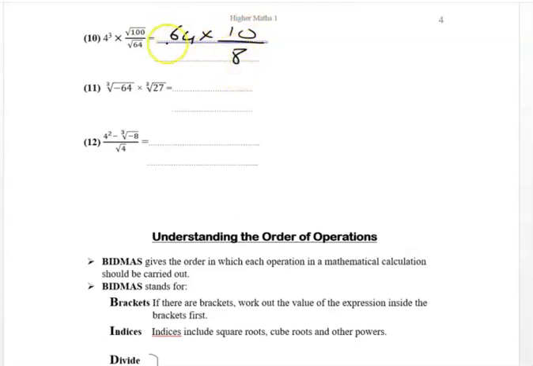Now, we can work this out by simply putting 64 over 1, and you can simplify the numerator with the denominator. So I can divide this denominator by 8, I get 1. I can divide this numerator by 8 as well, and I get 8. 8 times 10 is 80.